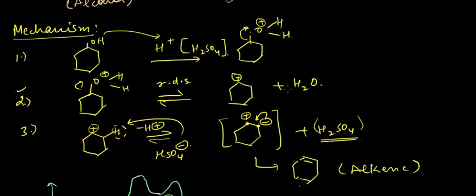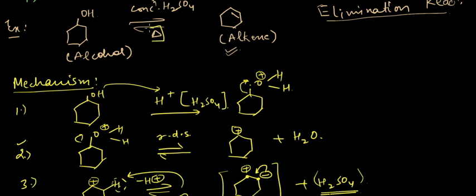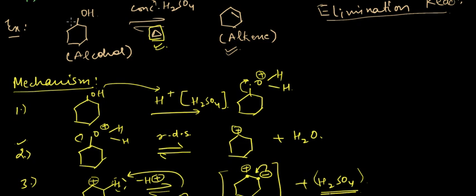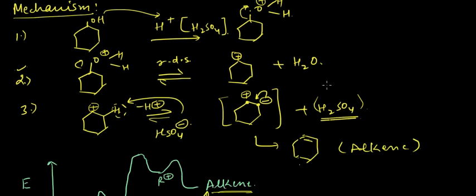We have to apply heat because we are breaking a sigma bond and forming a pi bond. Whenever sigma bonds break to form a pi bond in an organic compound, please remember that delta H is positive for that reaction.